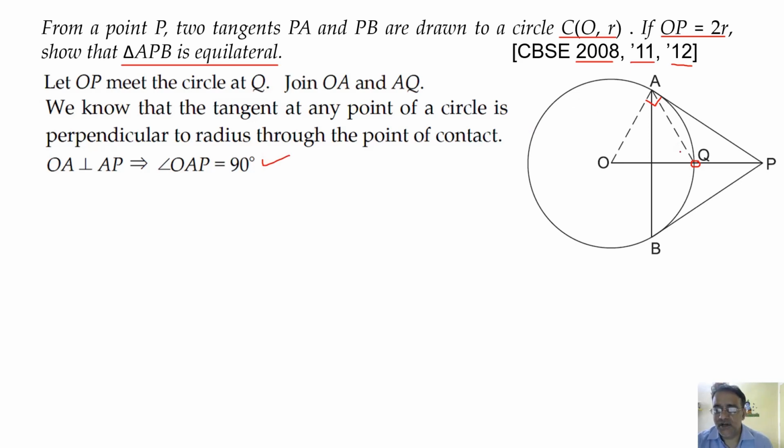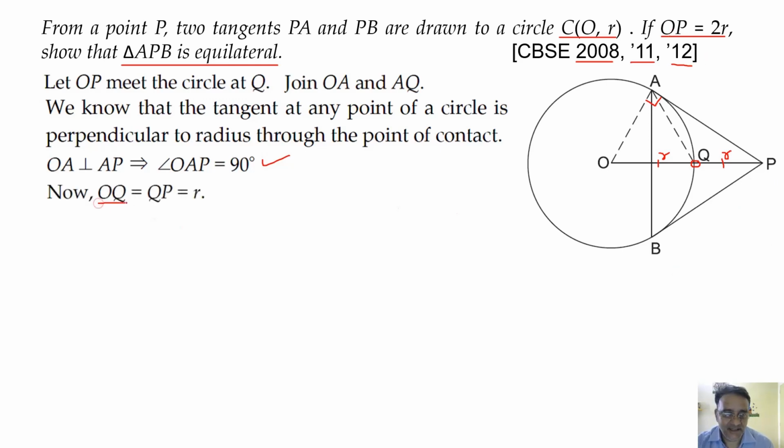Now OQ is equals to QP. Why? Because it is the median. Because OP is 2R. Okay? OP is 2R means diameter, and OQ is R. Then only this will be R. Okay, 2 दोनों का sum 2R है ना. OP is 2R. That is why OQ and PQ both are equals to R. Is that clear?